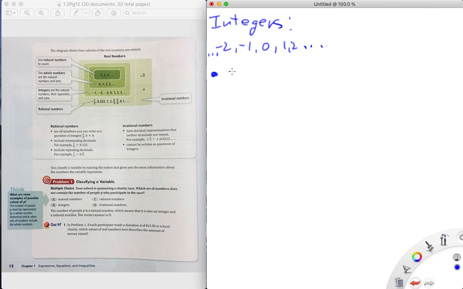The first one is the same: no fractions or decimals. This one does have negative numbers, so numbers can be negative or positive numbers.